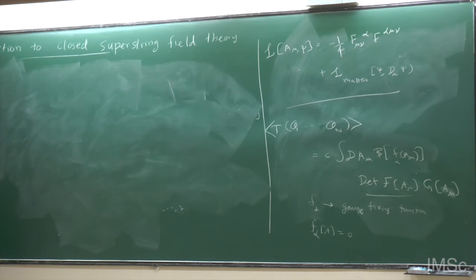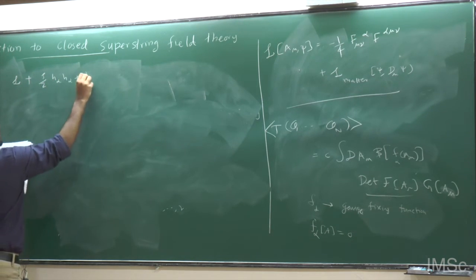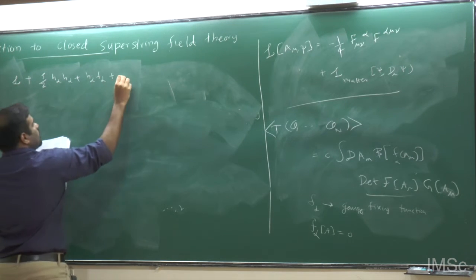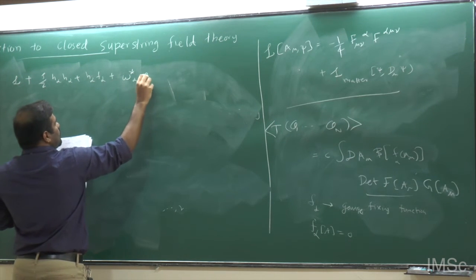After doing all this exercise, you get the new L as L plus h alpha f alpha plus omega star alpha rho alpha.